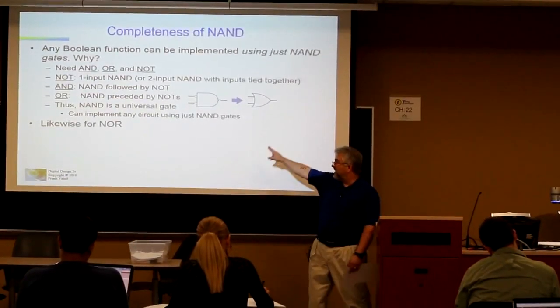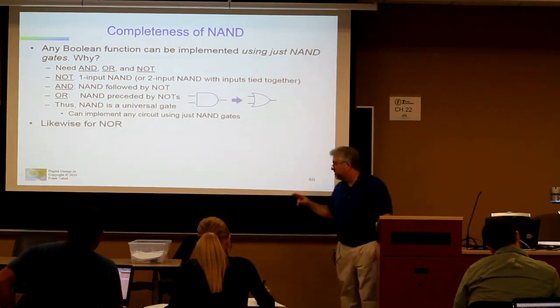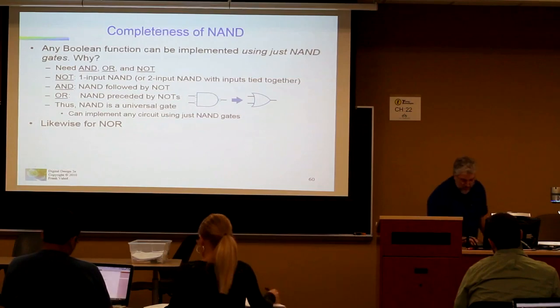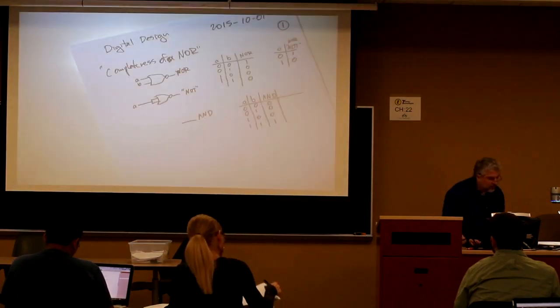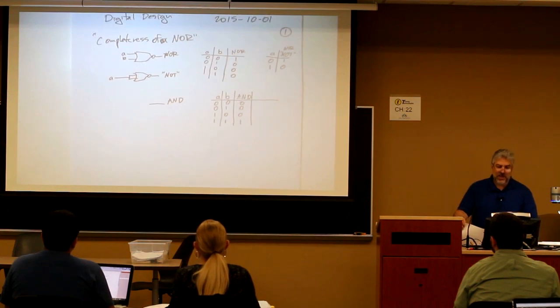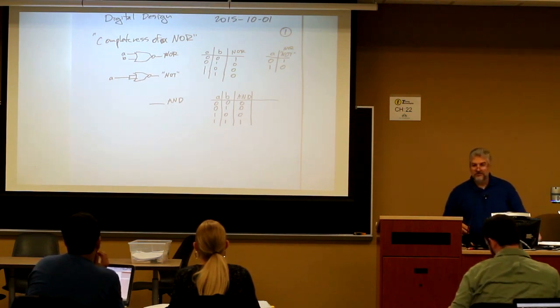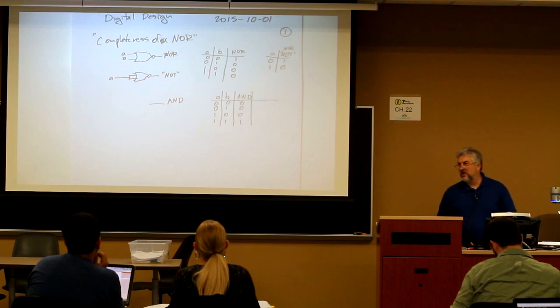We are back, and I asked you to say, okay, what about NORs, right? So, well, here's the first one I'll do for you. The completeness of NOR. There we go. So, if you want to make a NOT gate, well, it kind of works similar to a NAND gate, right?